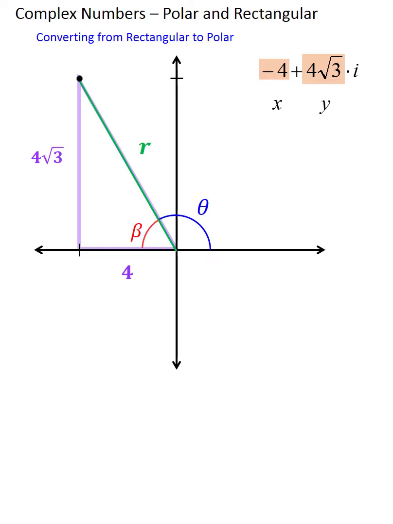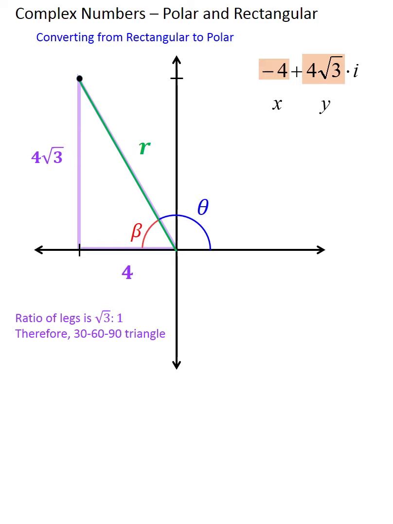And knowing those lengths makes it a little easier to find beta and ultimately theta as well as r. One thing you may notice about this purple triangle is that it's not just any triangle. The ratio of legs is radical 3 to 1. And that's a unique characteristic of a 30, 60, 90 triangle.